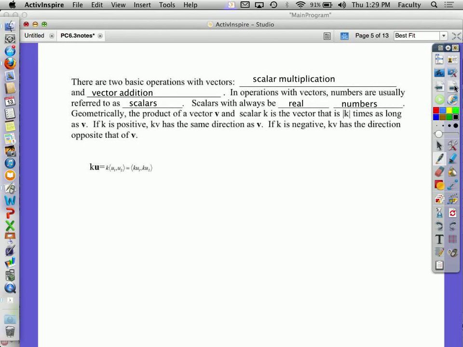Geometrically, the product of a vector and a scalar is the vector that is the absolute value of k times as long as v. If k is positive, k times v has the same direction as vector v. If k is negative, then k times v has the direction opposite that of vector v.